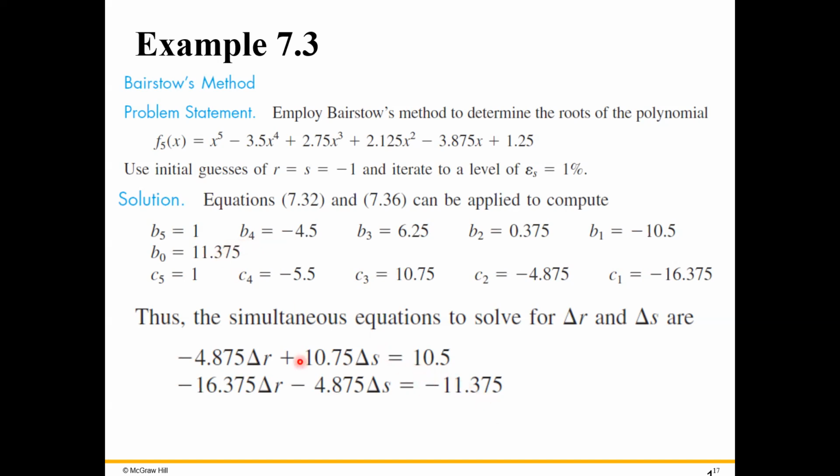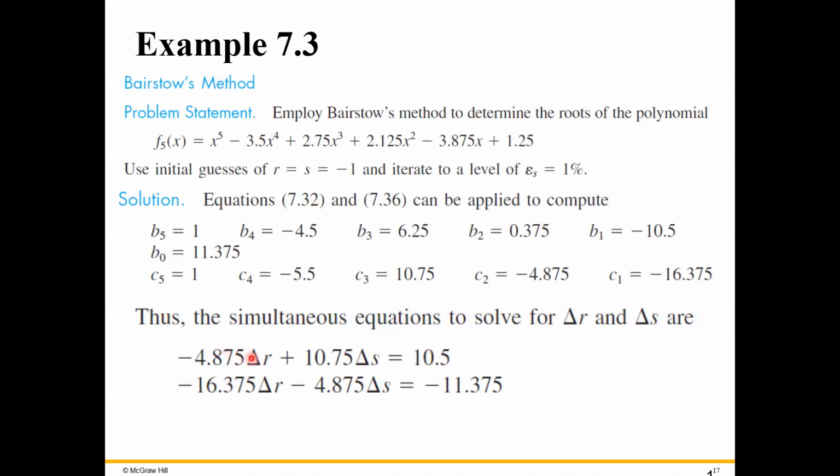Okay, so this is a set of equations in delta r and delta s. We can use any method to solve it, such as Cramer's rule. In Cramer's rule, if you want to find the value of delta r, you replace these 4.875 and 16.375 with 10.5 and 11.375, and then you find the determinant by cross multiplication.